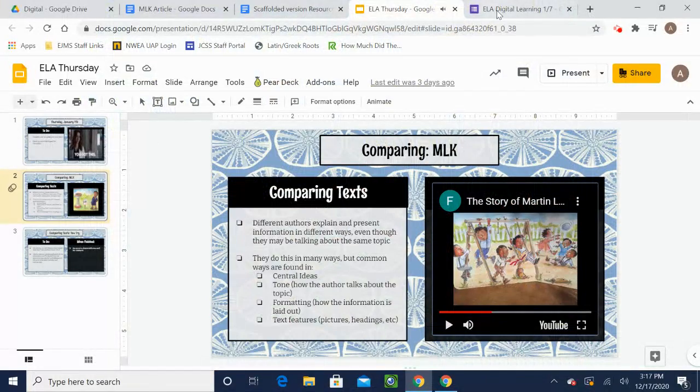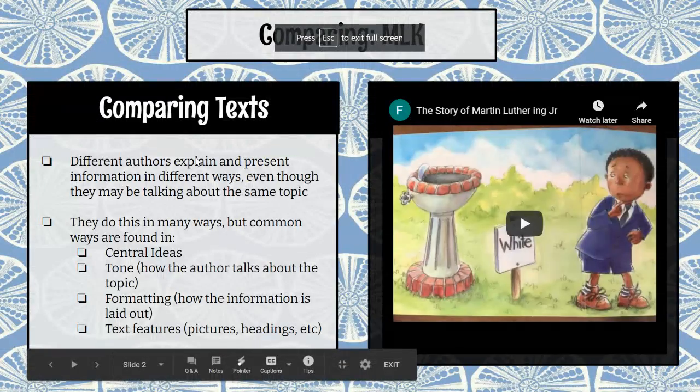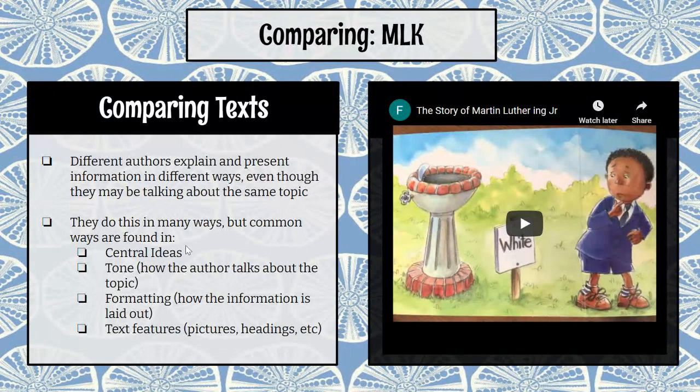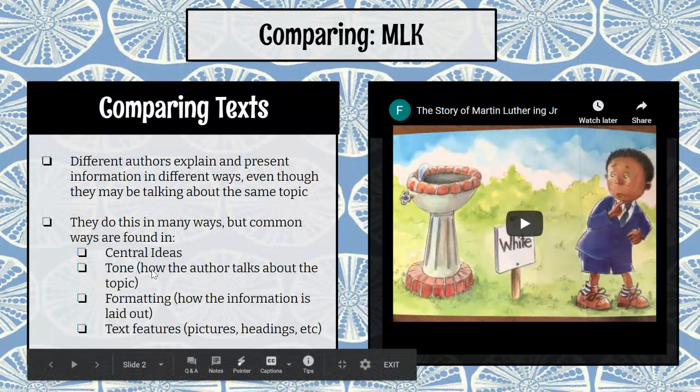Okay, so let's go back to it. You have seen a couple pages of this, and I think it's really clear that there is a difference in how these authors are talking about Martin Luther King Jr. Central idea, we can't really get to the bottom of this one because we didn't get to read the entire book, but we can definitely see a difference in the tone, in the formatting, in the text features. Obviously the one that we just looked at is a children's story.